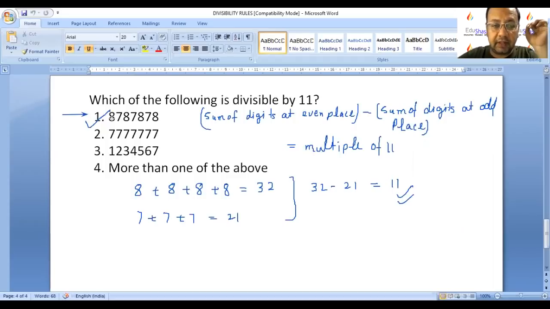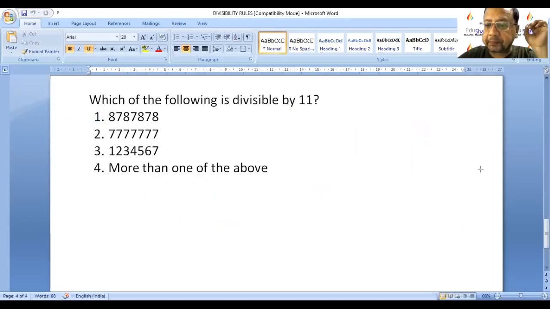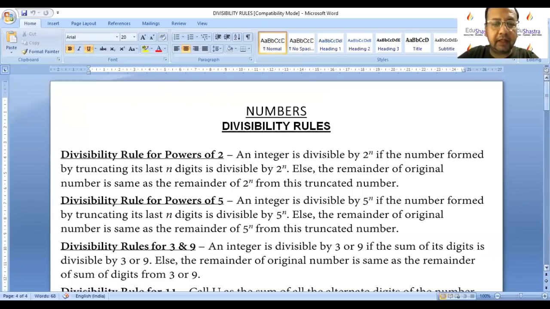Let me repeat one more time for you. The different rules which we have done here are: first, the divisibility rule for power of 2. Second, the divisibility rule for power of 5. Then the divisibility rule of 3 and 9.